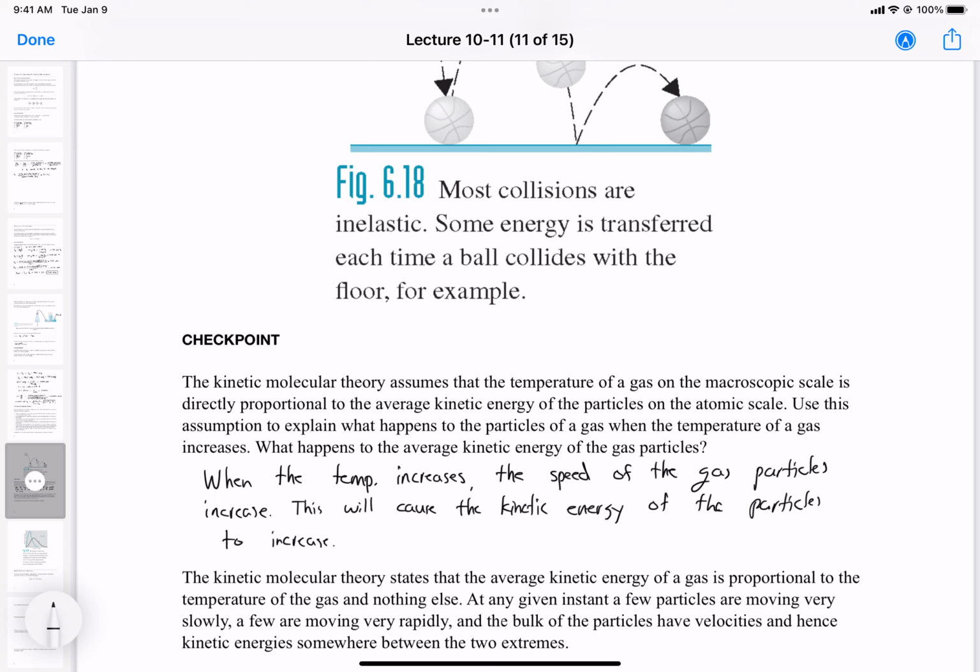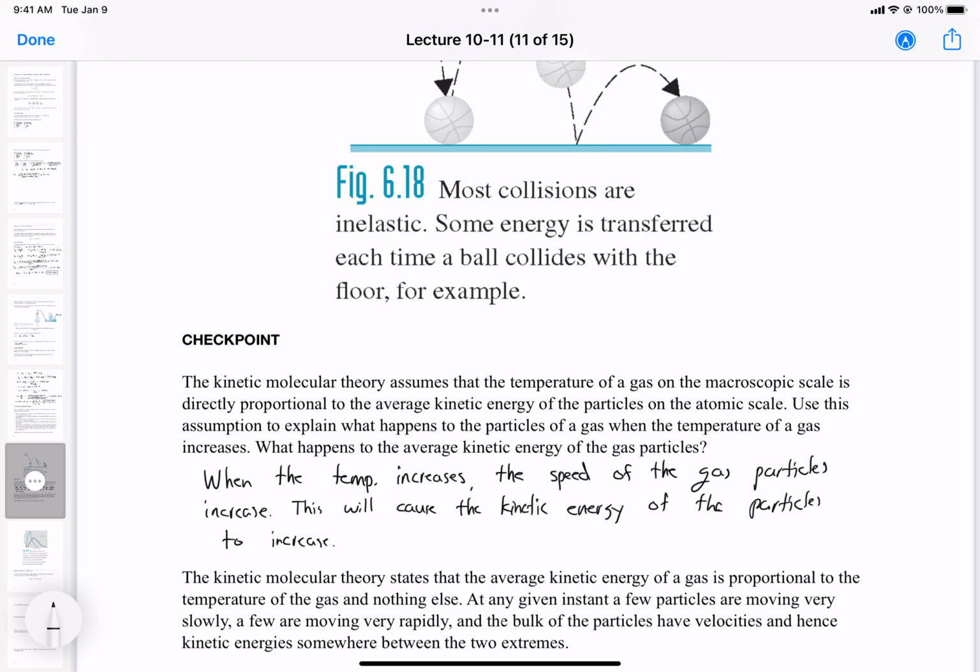That's why when we say that we heat something up on the macroscopic scale, we're saying the particles on the atomic scale are actually moving much more rapidly, and when they do that, they generate energy. They're getting energy from somewhere, and that energy is transferred to cause the particles to move.